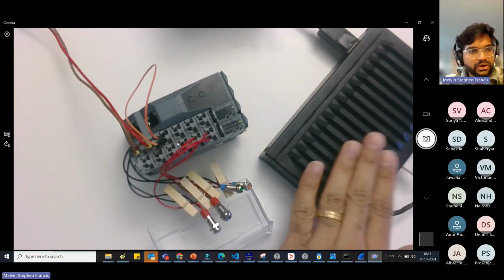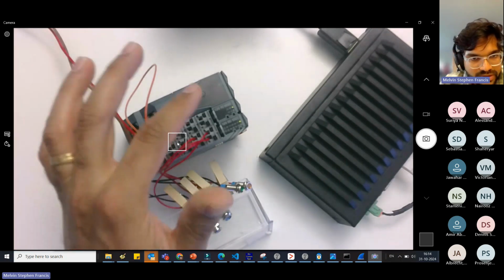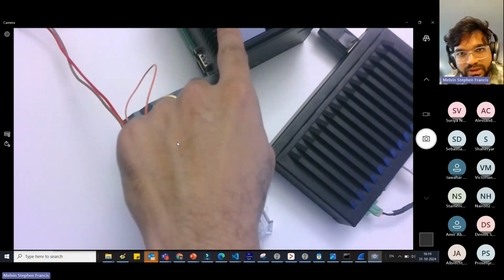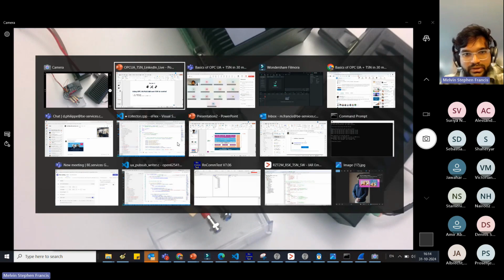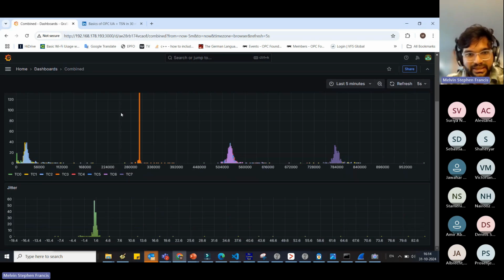Right now this particular board is already running, but instead of connecting it to one of the ports here, I've connected it to another Linux box here, which runs our test suite, which will show what we are doing here. Let me bring up the test suite, which is part of our eTSN SDK.